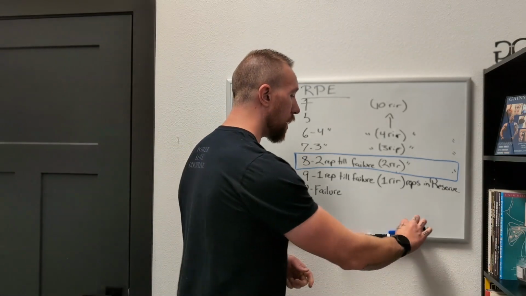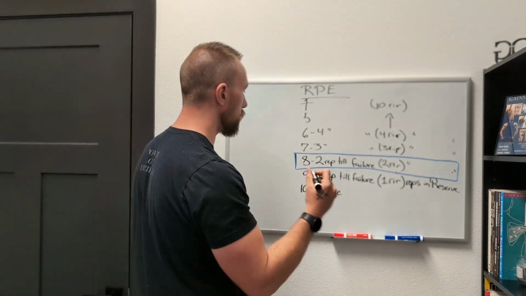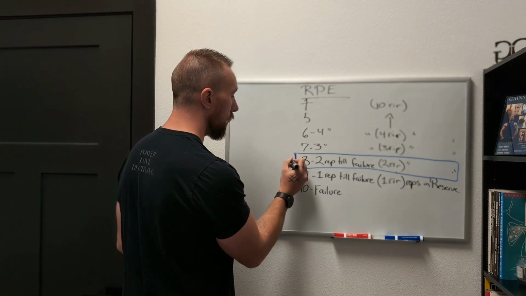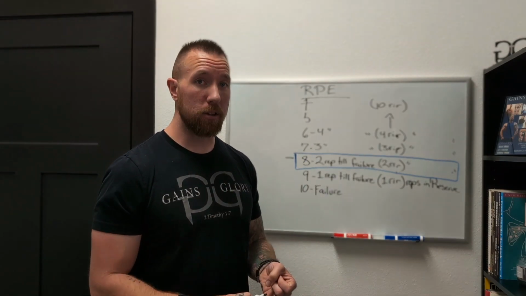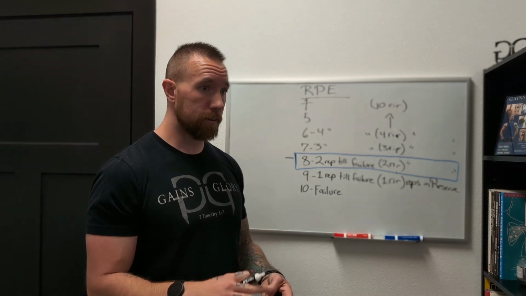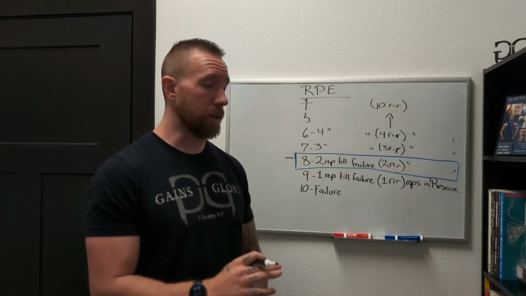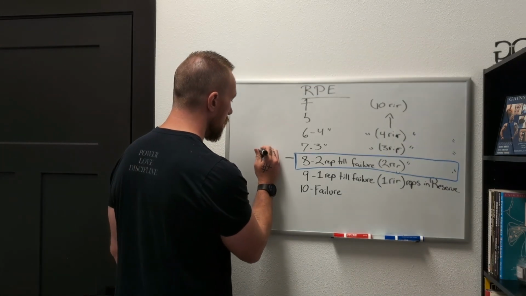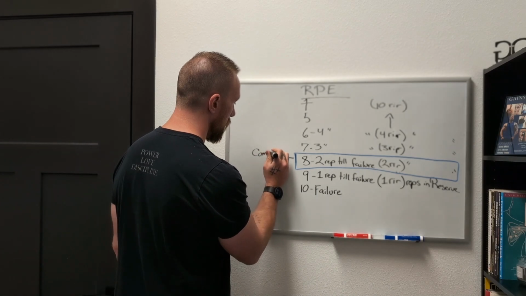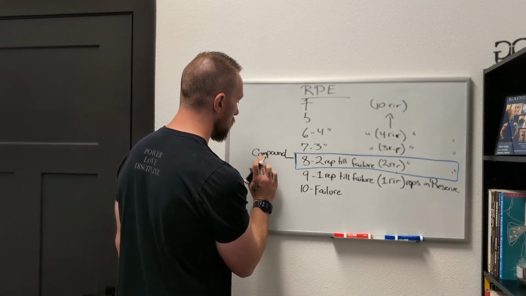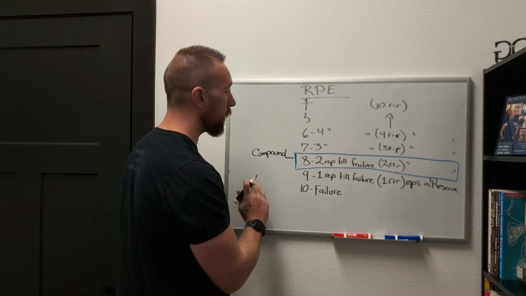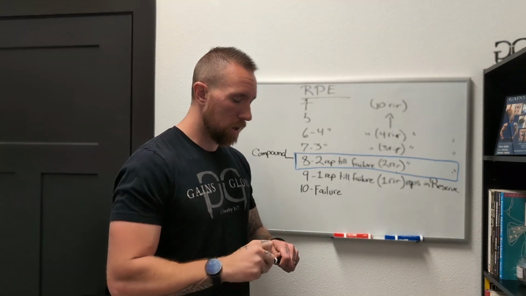In most compound lifts where you're moving major muscle groups, such as the bench press, back squat, overhead press, deadlift, RDL, compound exercises are going to be taken to about an 8 RPE.